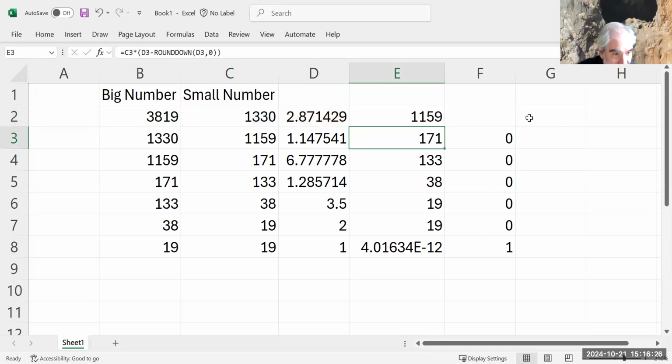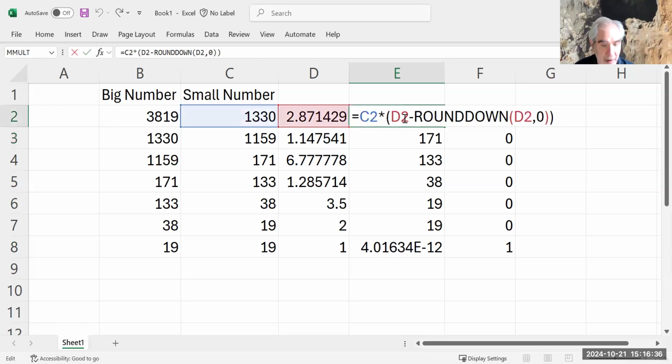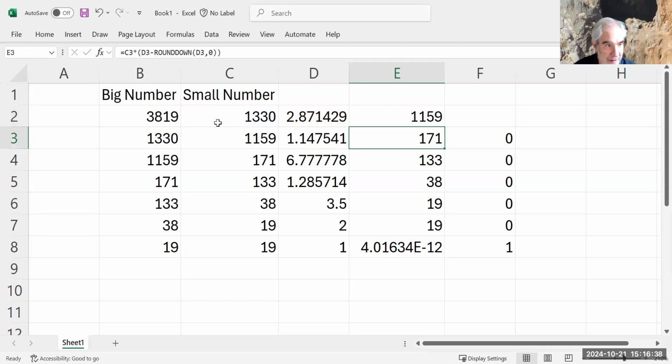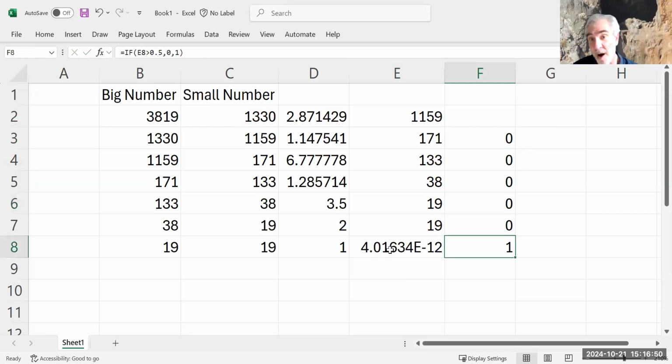So that's that one. And then I just basically copied that bit down, all the way down, and then put in an if-else statement to check if my remainder was less than 1 or less than 0.5, because if it's a remainder, it should be a whole number.